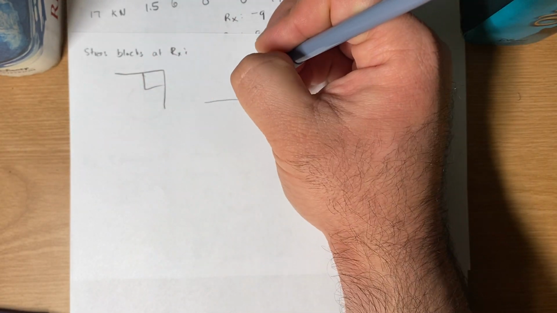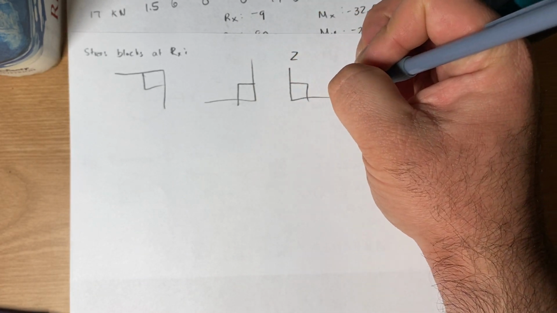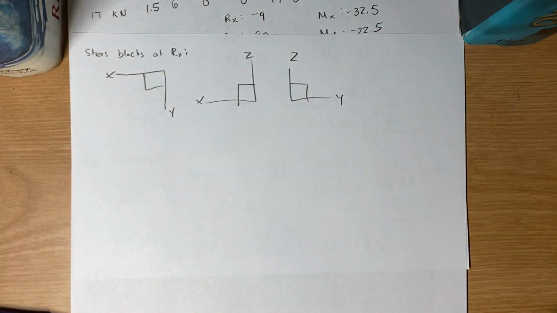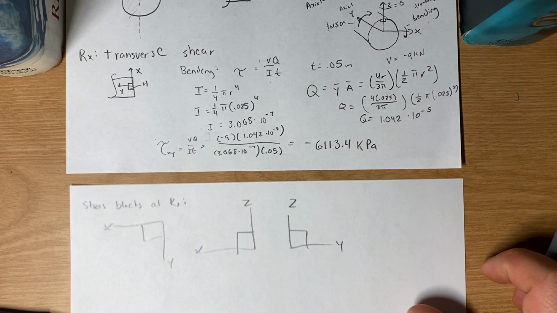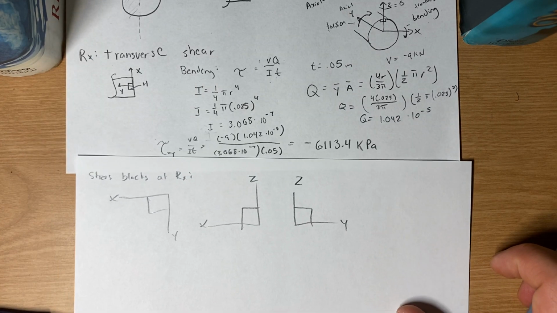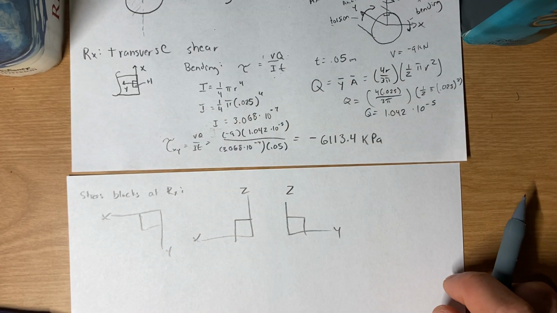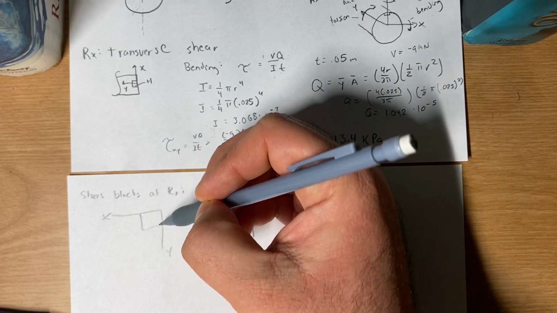So this is Z, Y, Z, X, X, Y. So when this is a transverse shear, your blocks look like this.